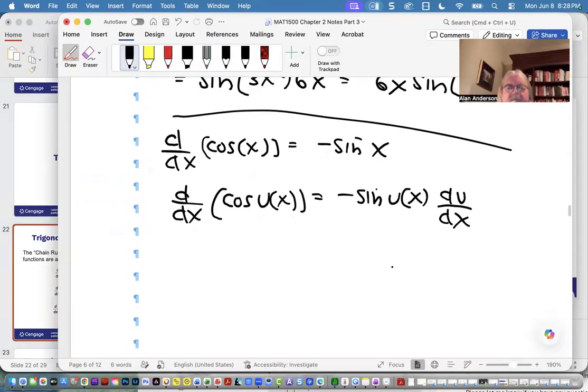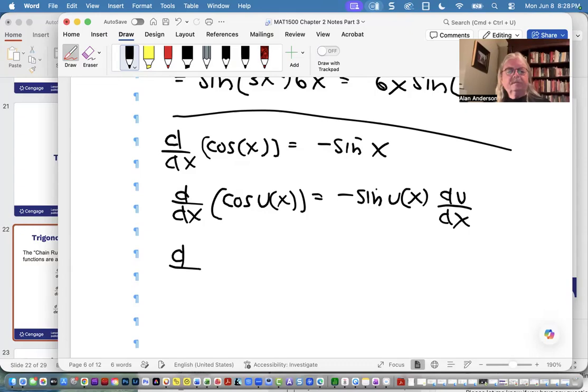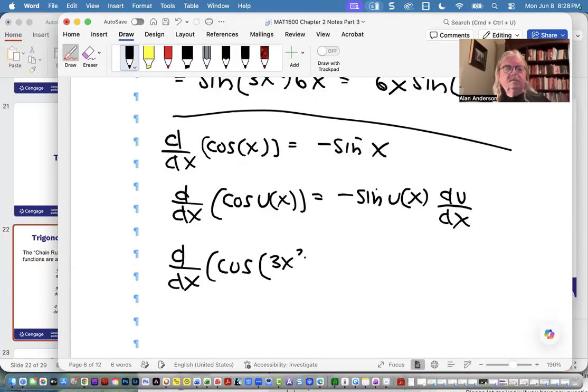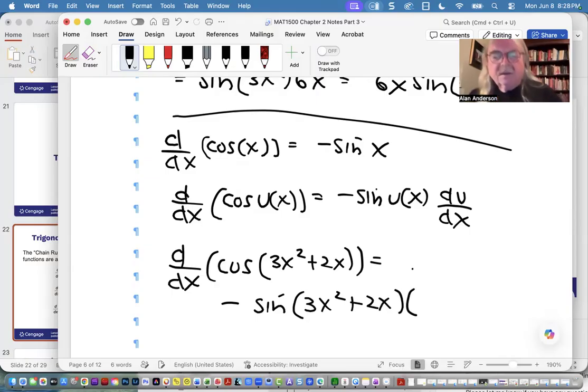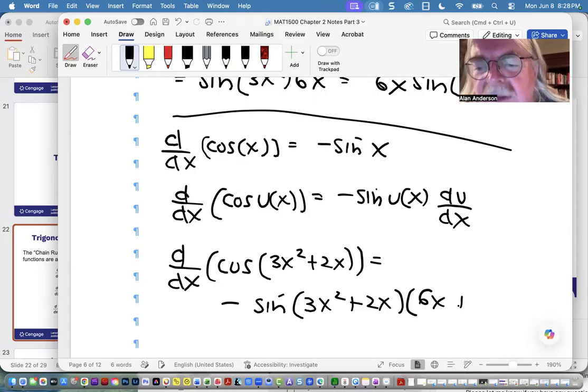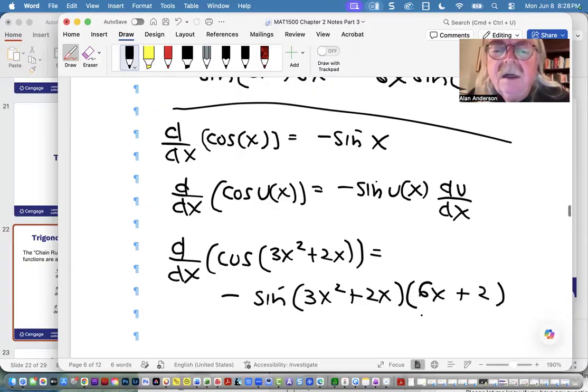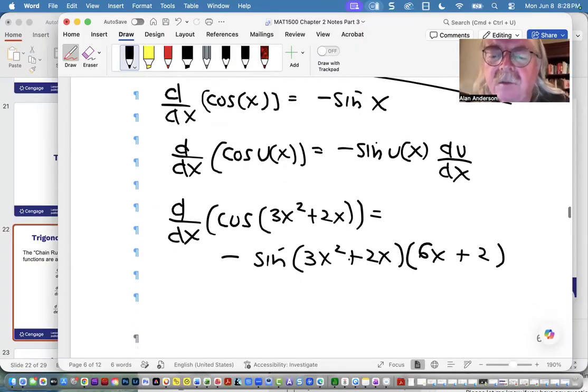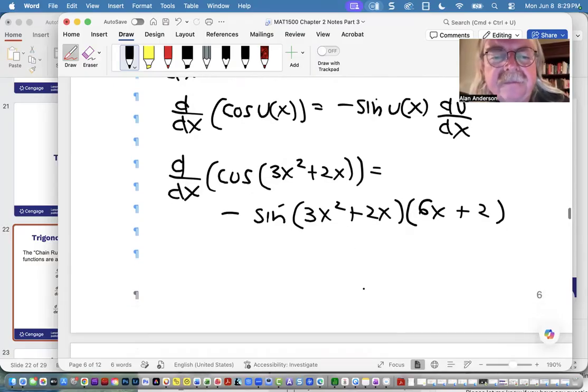So if you had something like that, you'd end up with minus sine. And then you need here the du dx would be 6x plus 2. And this is something we did in the previous class. We're applying the power rule and the sum rule to come up with 6x plus 2. And that would be your final answer.